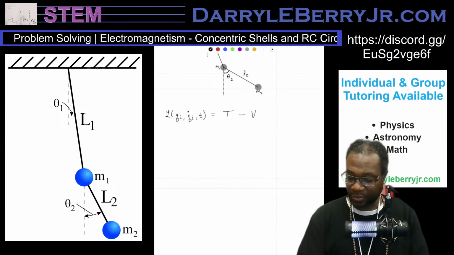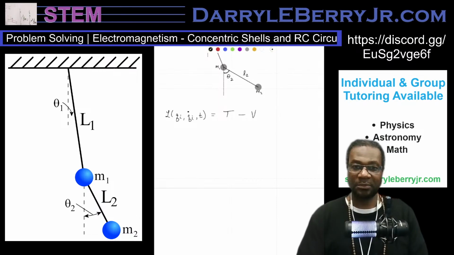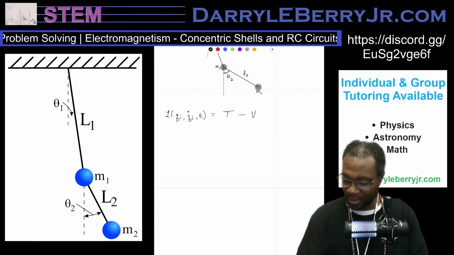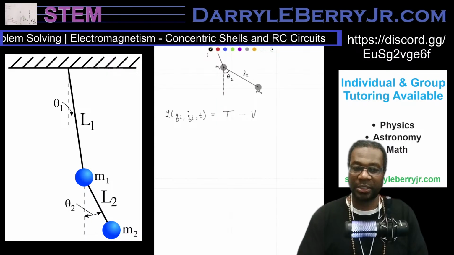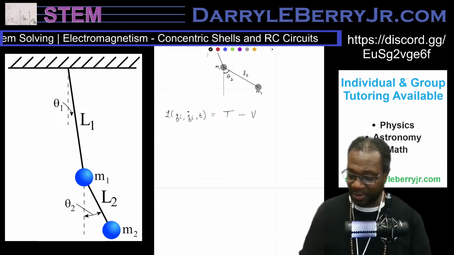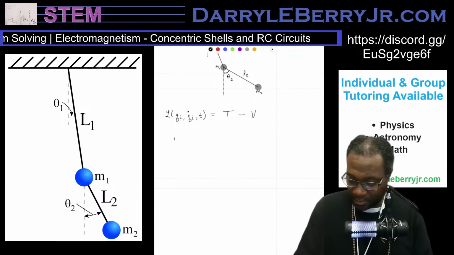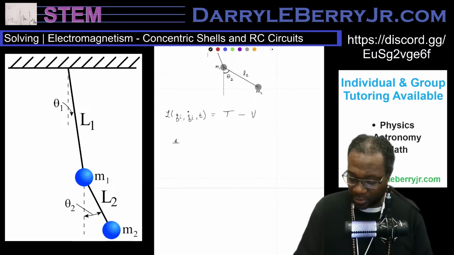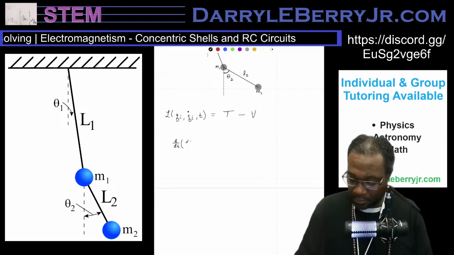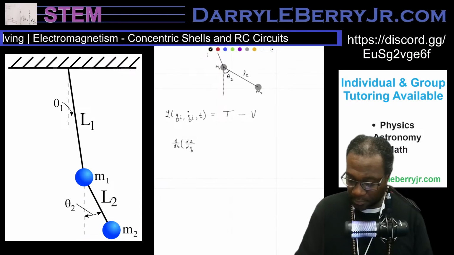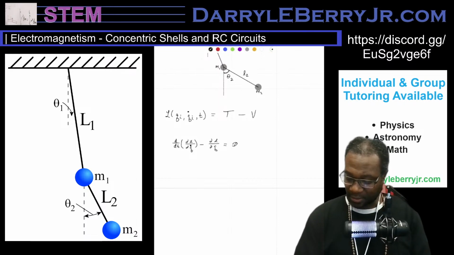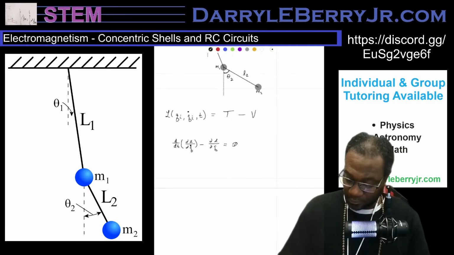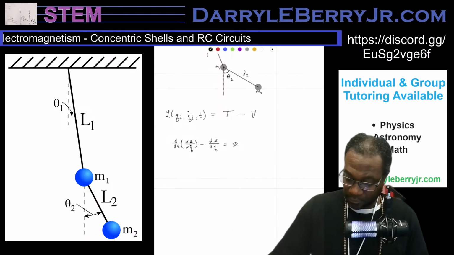So to get the equations of motion, rather than trying to figure out the arrangement in a Newtonian sense, we can simply figure out the energy of the system, the kinetic energy and the potential energy, subtract the potential energy from the kinetic energy, and then we can plug that result into the Euler-Lagrange equation. And we plug this in, and that'll be our L there.